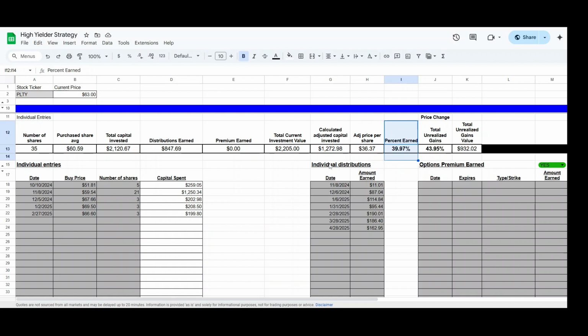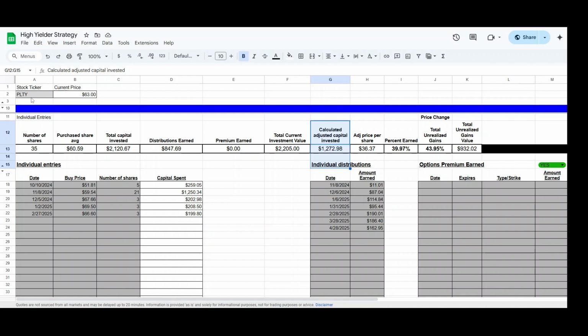My money at risk is lowering the more distributions that I earn, and I would like to be able to start selling some puts, but PLTY has just been moving up so much, and I play it a little bit more on the safer side. I know there are people who are playing it hot, and you have to decide how you're going to buy, sell, and play these option plays, how you see fit, and your risk tolerance.